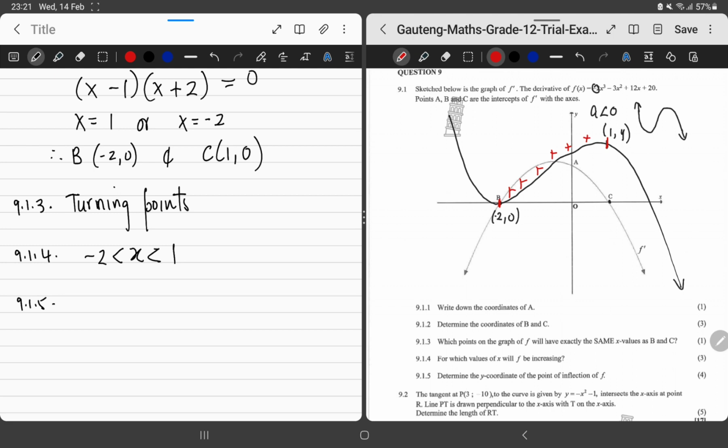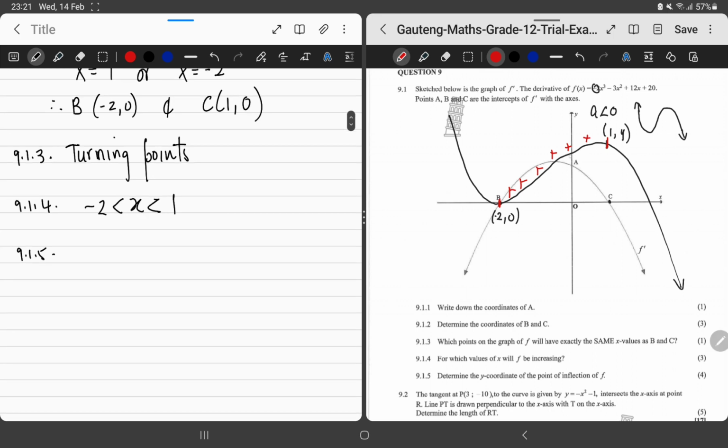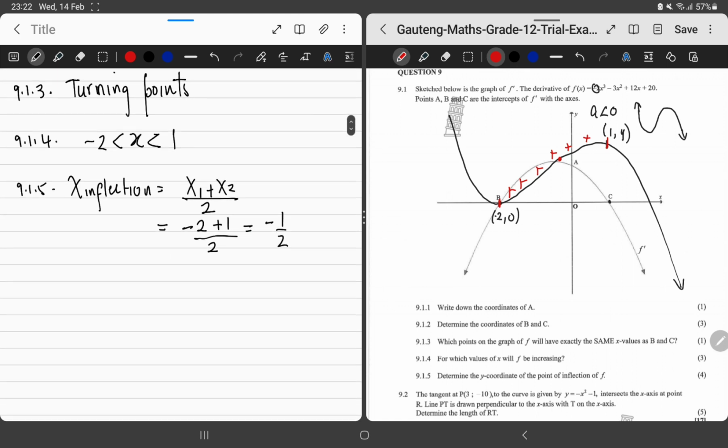9.1.5. Determine the y-coordinate of the point of inflection. The point of inflection will be somewhere there. In order to find the x value for the point of inflection, we just say (x1 + x2) over 2. We use the x values of the turning points. This is (-2 + 1) over 2, which is going to be -1/2.